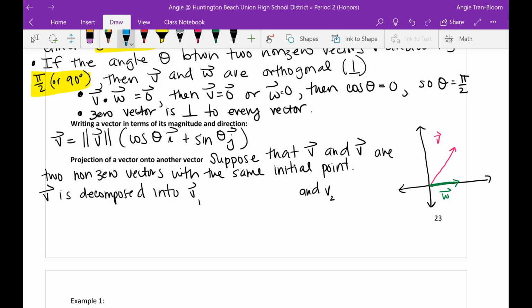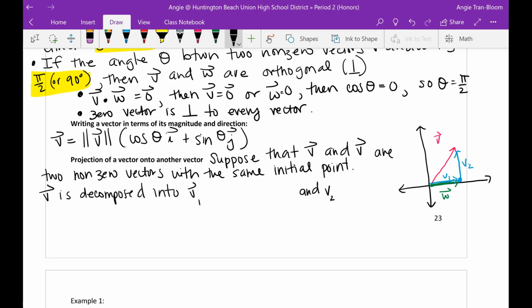I'm going to use two different colors. Decompose means I'm breaking it into two pieces. Let's call this right here V sub 1, V1. And if I take V1 and add V2, I would definitely have vector V.